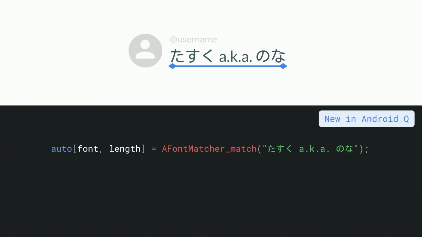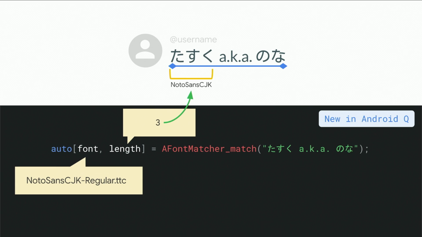The real API is written in C and takes more parameters. Anyway, this function would return, in this example, font Noto Sans CJK Regular and length 3. This length 3 means the first 3 characters can be rendered with the returned font, in this case, Noto Sans CJK.